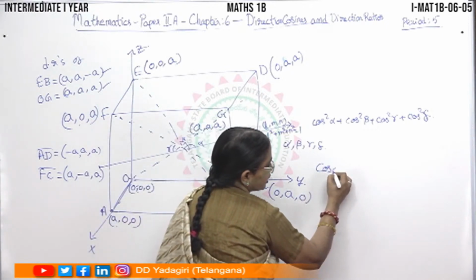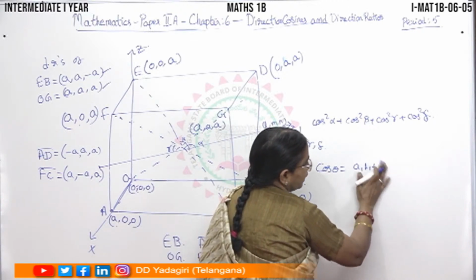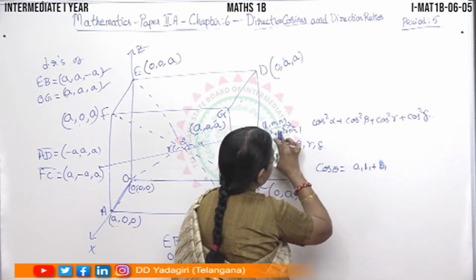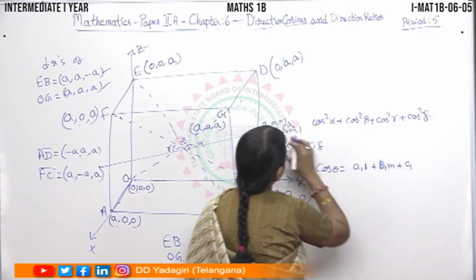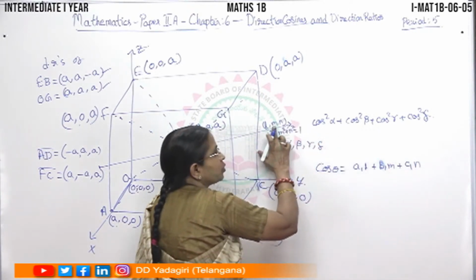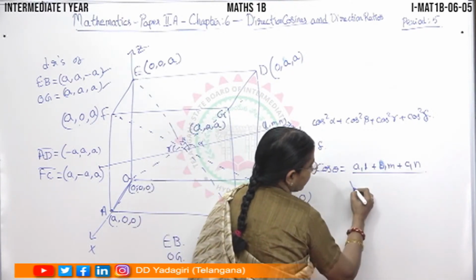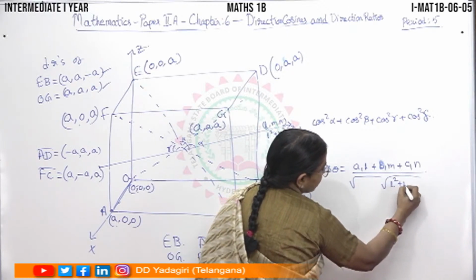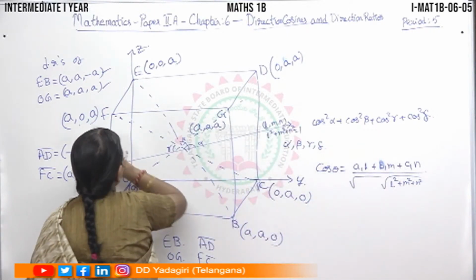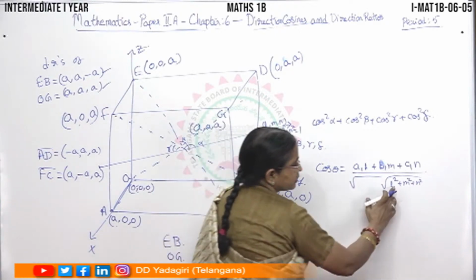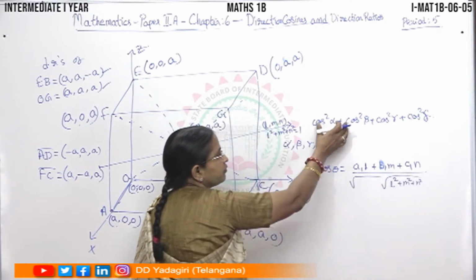In the cos theta formula, a1a2 becomes L, b1b2 becomes M, and c1c2 becomes N, because direction cosines can be taken as direction ratios. In the root, L square plus M square plus N square you can write as 1, and then simplify easily. If these are three different unknowns, it is difficult to simplify and find the value.